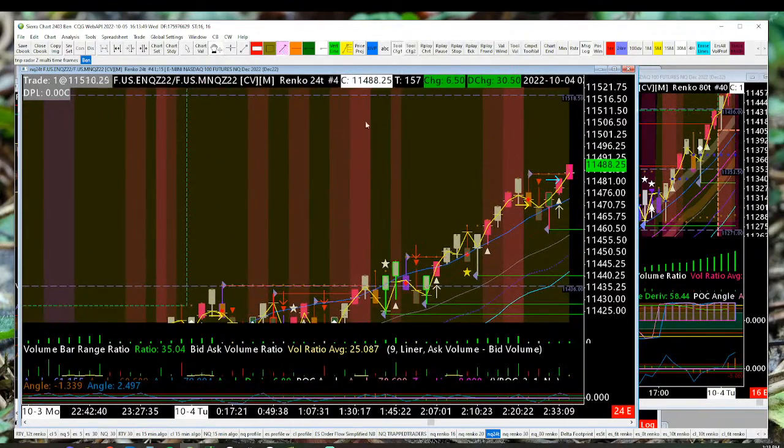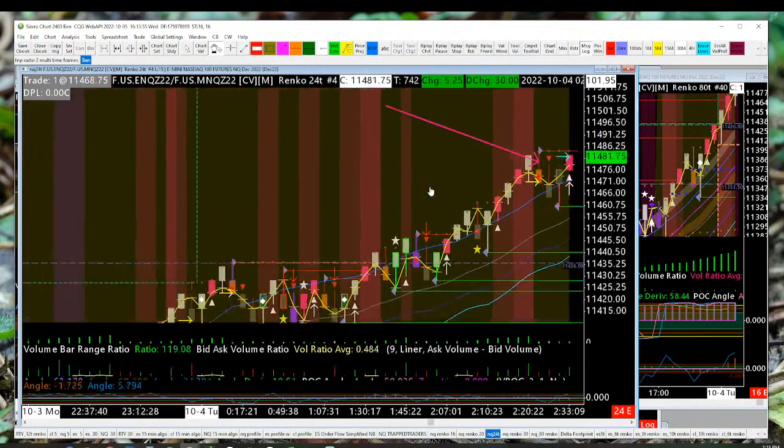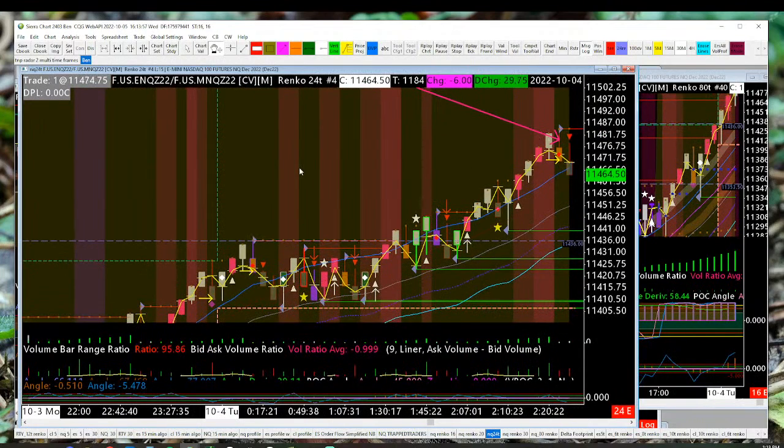Okay, so there's another one. That one fails. That one just straight up fails, right? So when I see that, we talked about this yesterday, for anybody who was watching yesterday. When I see that high odds entry, like, see, this is a high odds entry. This is the exact same thing, basically. You got the yellow arrow, an orange bar, and a red diamond.